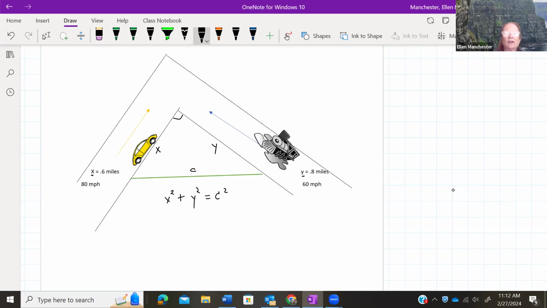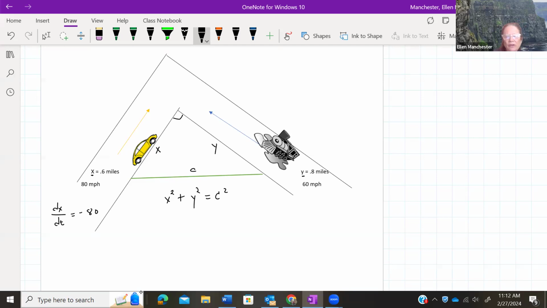Now the car is 0.6 of a mile away from the intersection, and it's going 80 miles an hour. This 80 miles an hour is actually a decreasing rate, so we're going to use dx/dt is -80.